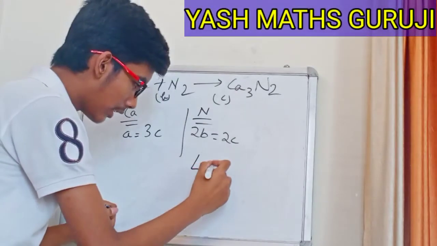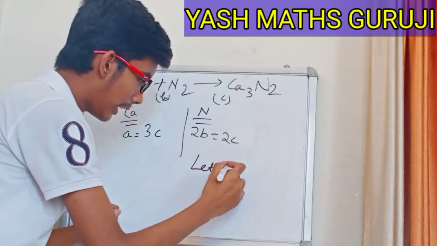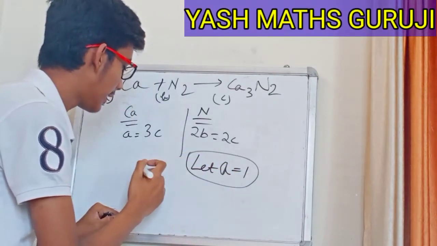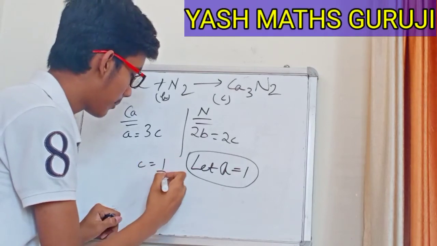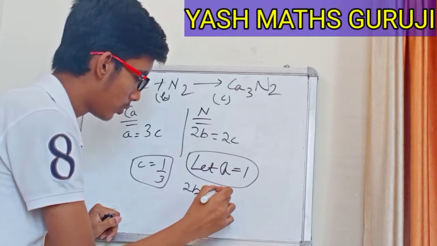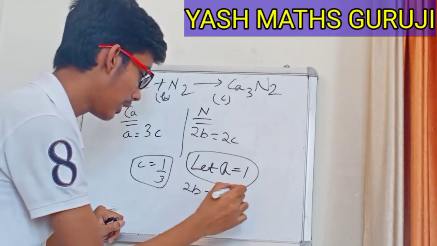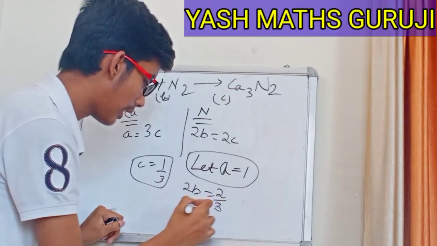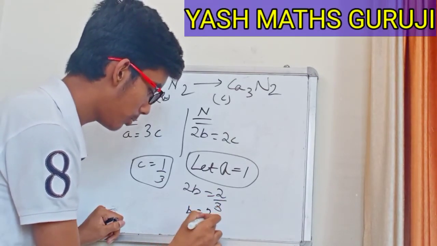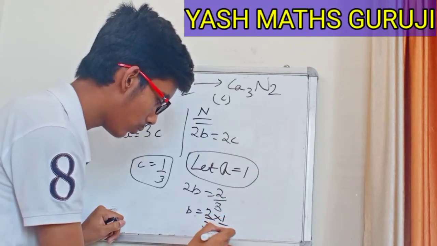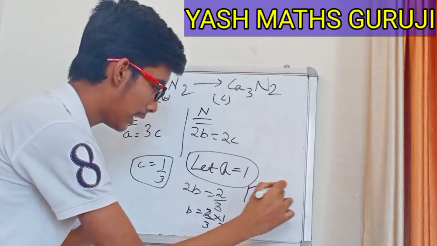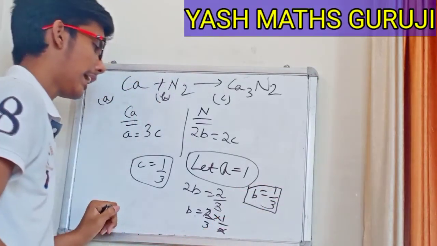Let A equal to 1, then C equal to 1 by 3, and here 2B equal to 2C, which is 2 by 3, and B will be 2 by 3 into 1 by 2, 2 cancel, B is 1 by 3, B and C are 1 by 3, and A is 1.